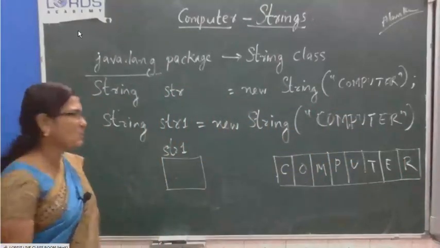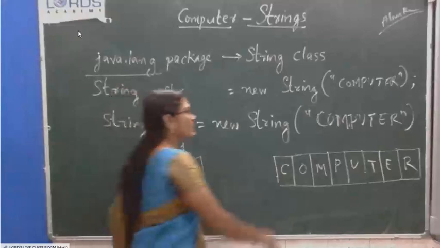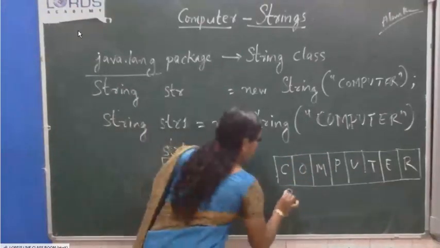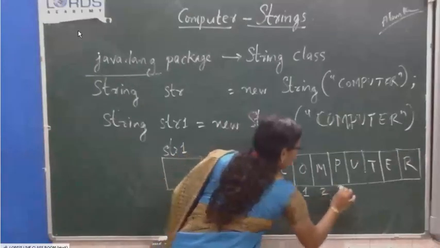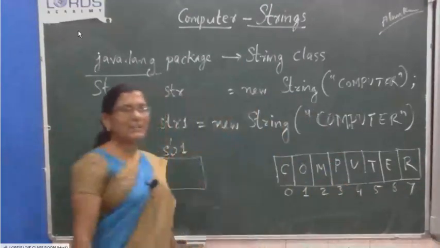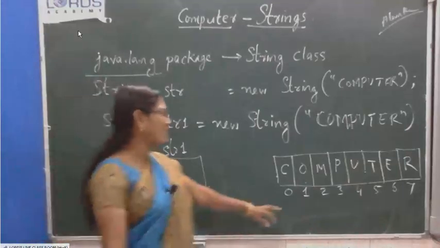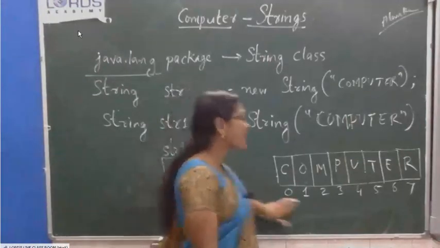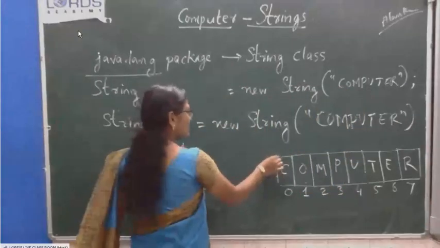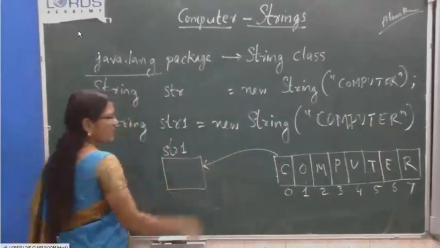An index number is given to identify each location like 0, 1, 2, 3, 4, 5, 6, 7. As there are 8 characters, the index number starts from 0. This is an array of characters, and its starting address will be given to str1.